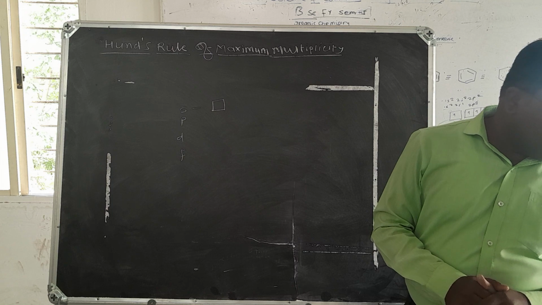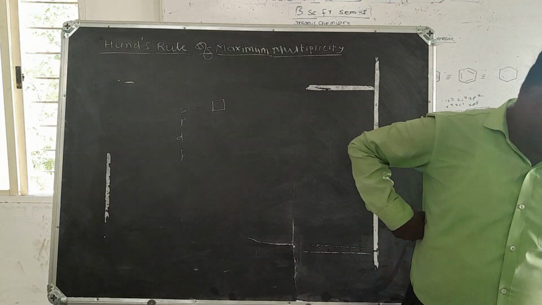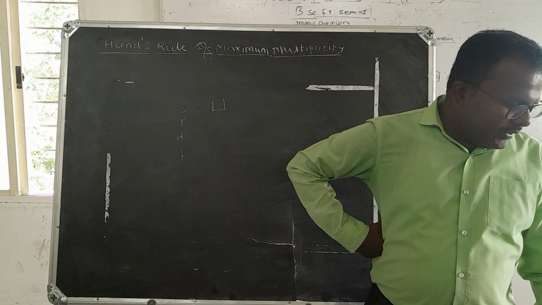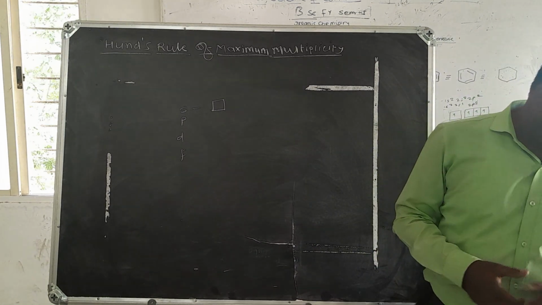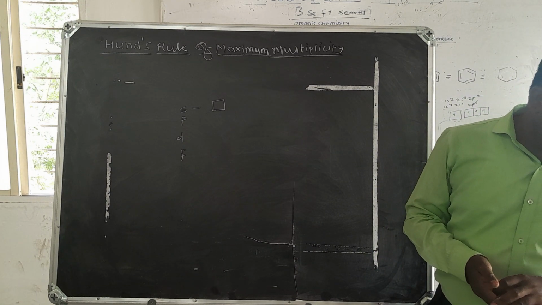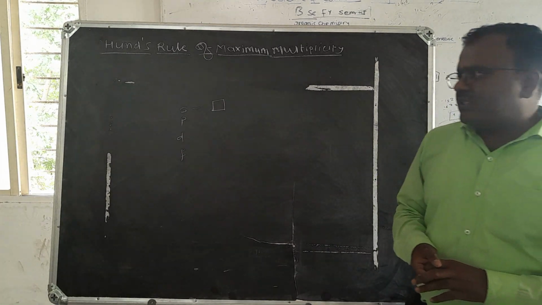Hence, the rule of maximum multiplicity is that pairing of electrons in orbitals belonging to the same subshell does not occur unless each orbital belonging to that subshell has got one electron each.